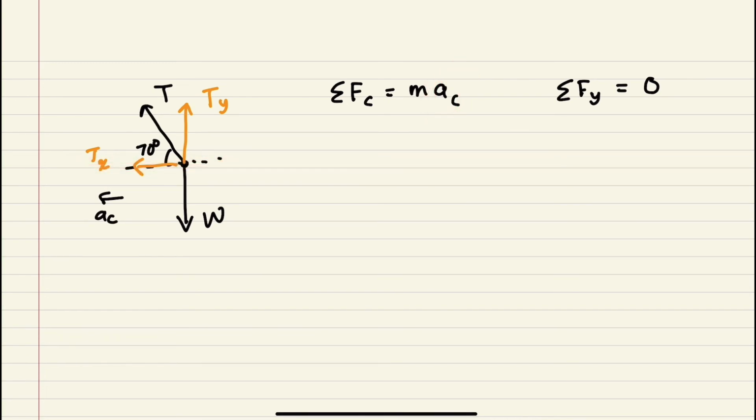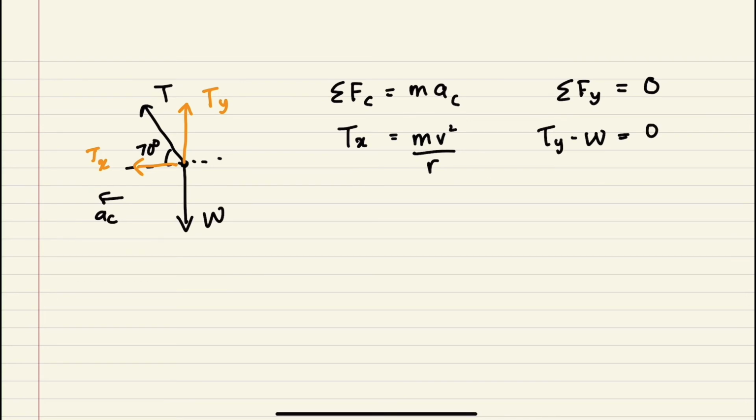Now in that direction we have Tx equals mv squared over r. On the other hand, for y you have Ty minus weight. Since this one is equal to 0, you just do upwards minus downwards, so Ty minus weight equals 0.